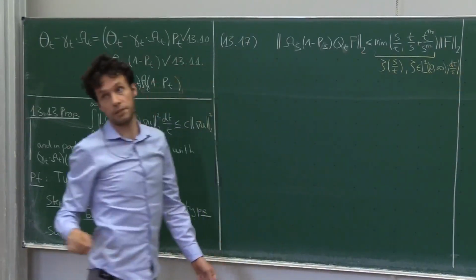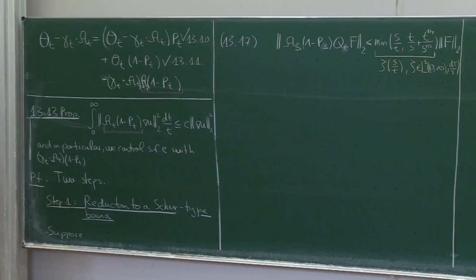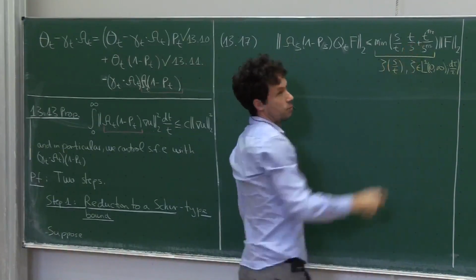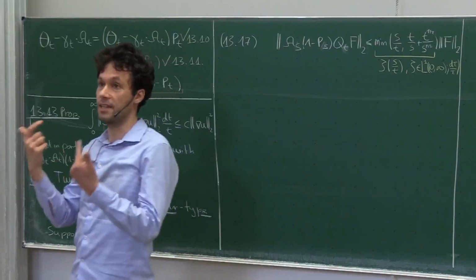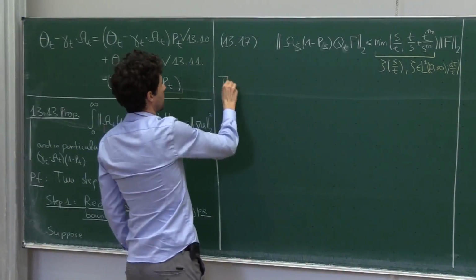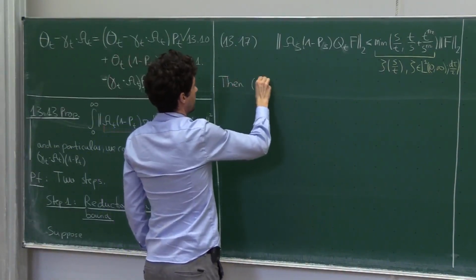Okay, so the theta function would just be the minimum of tau and 1 over tau, plus 1 over square root of tau. So it has decay in 0, and it has also polynomial decay at infinity, so it's integrable with respect to the Haar measure. Okay, and so let us see why this estimate implies the claim.